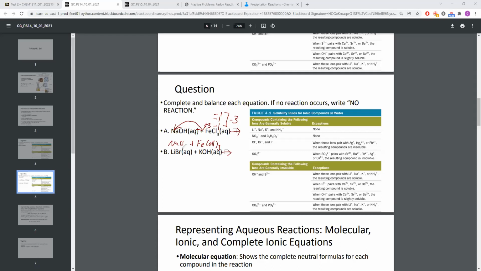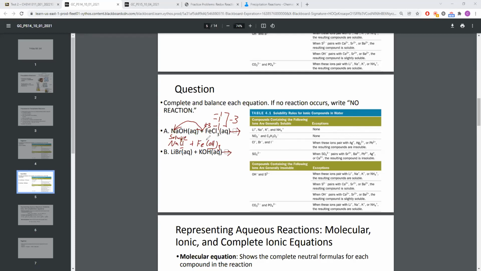First off, sodium chloride. Chlorine is soluble unless it's with silver, mercury, or lead. Sodium's not any of those, so it's soluble. OH is generally insoluble unless it's with lithium, sodium, potassium, ammonium, nitrate, or acetate.